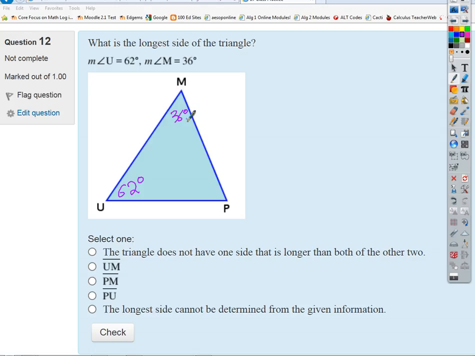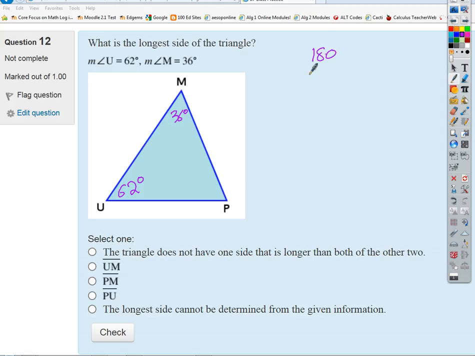I would have to know the length of P. How would I find it? Sierra, how could I find that? How could I find the missing side length? I know two of the three, 62 and 36. Okay, good. They have to add to 180, don't they? So combined 62 and 36 is 98.